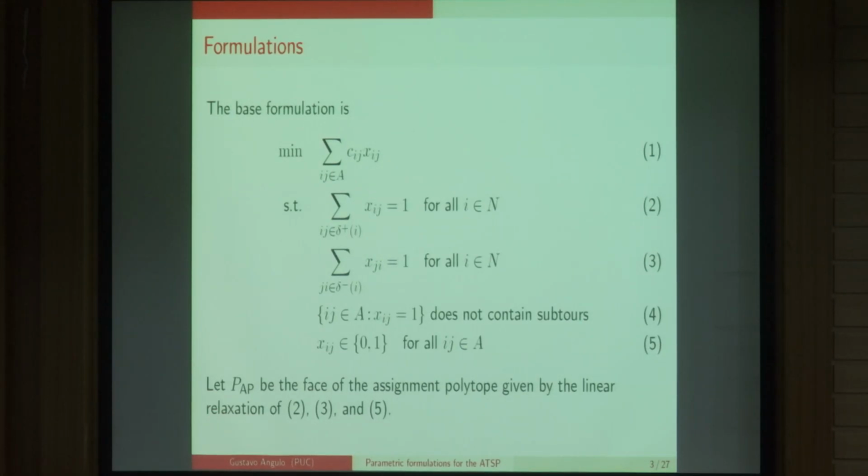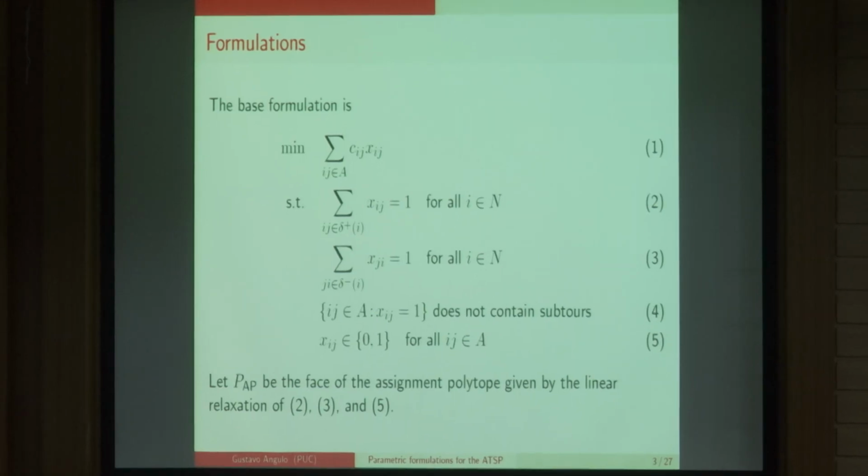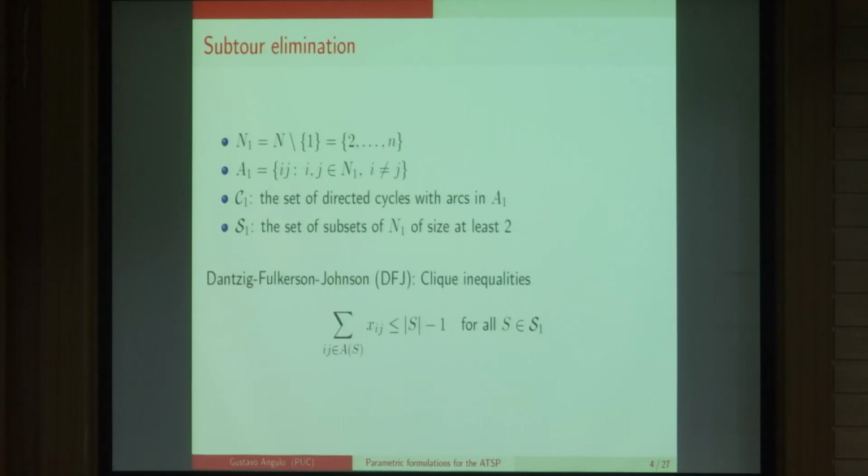Good, so if we want to formulate the TSP, we have to somehow represent this constraint. And there are several ways to do so. Just a bit of notation, we will use node 1 as a special node just for modeling purposes. This is without loss of generality. So N is the set of all nodes. N1 is the set of remaining nodes after we remove the first one.